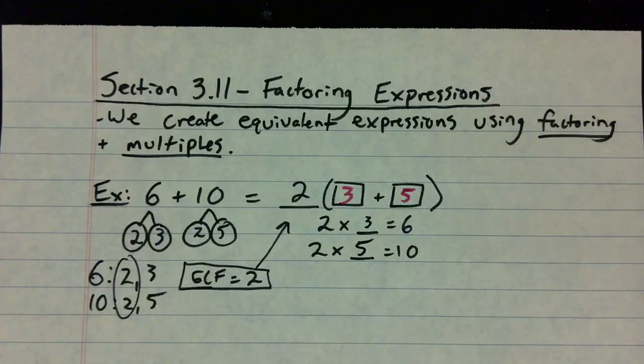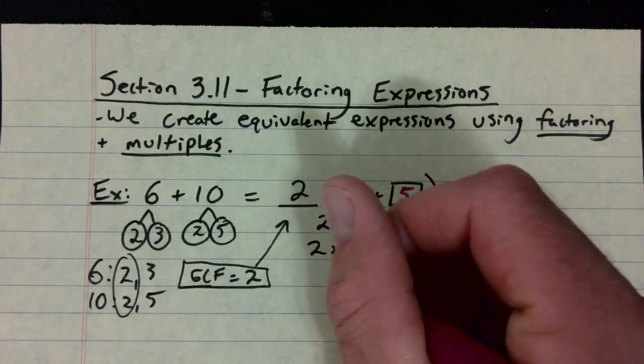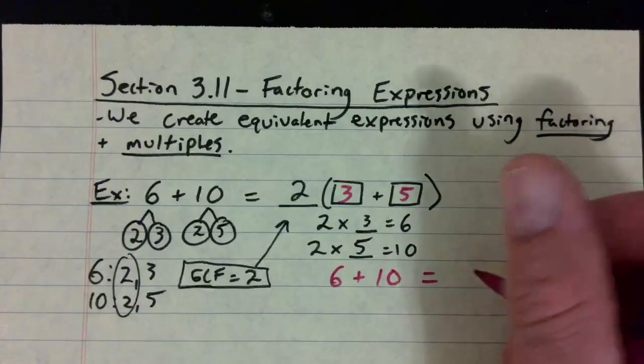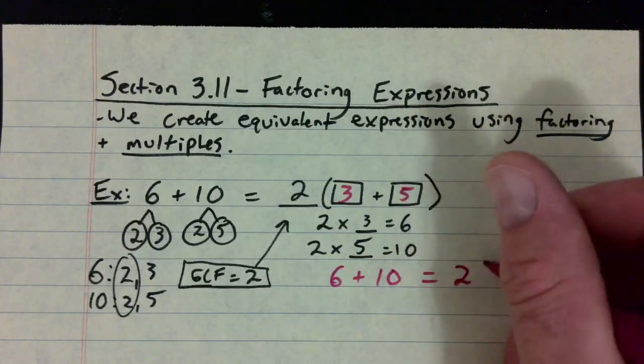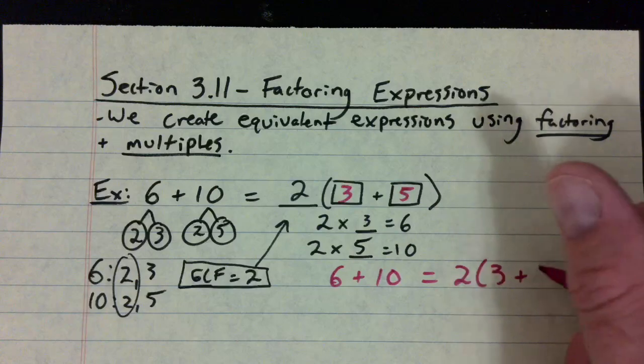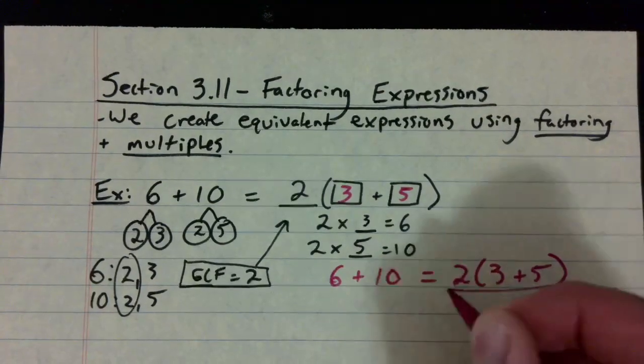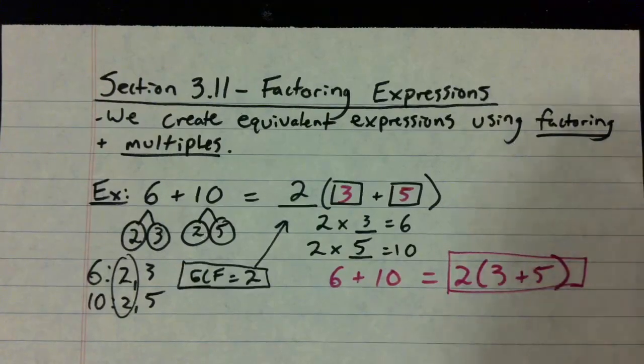That's it. So we have 6 plus 10, which also equals our equivalent expression, 2 times the quantity 3 plus 5.